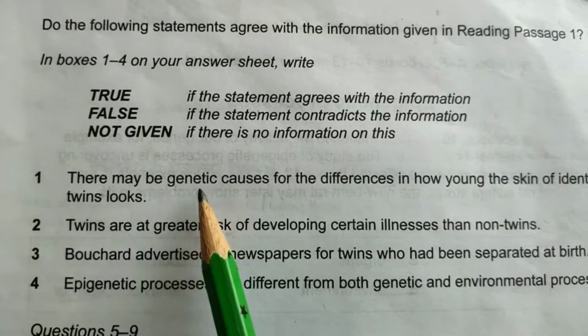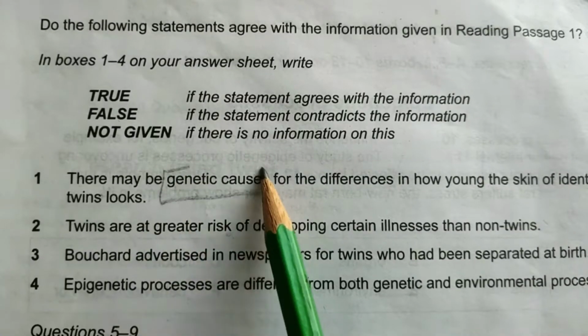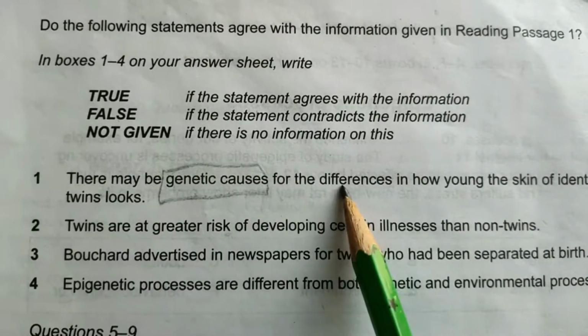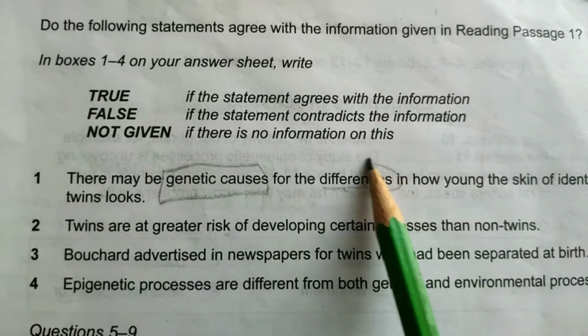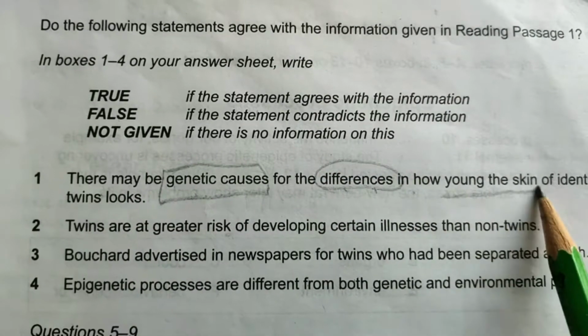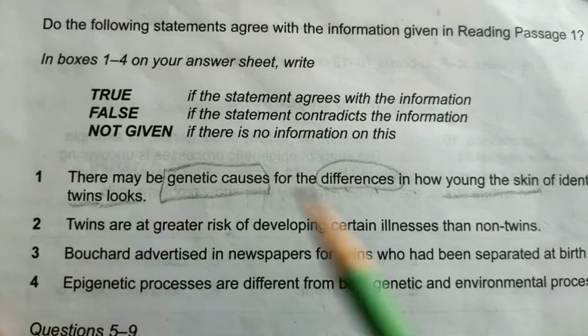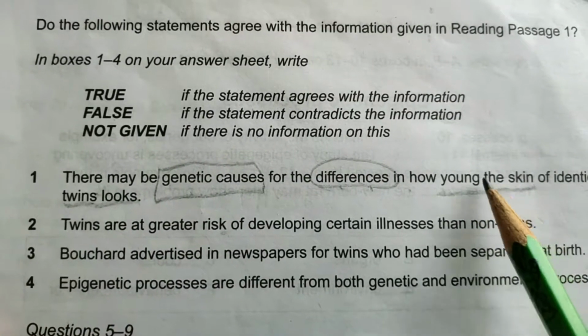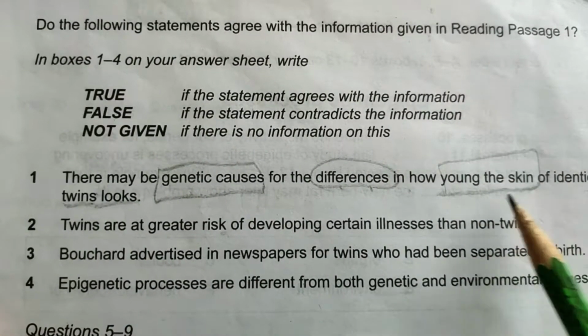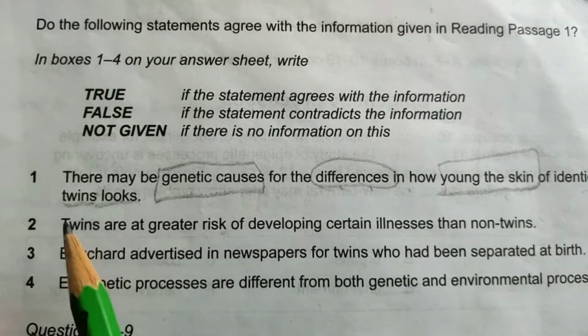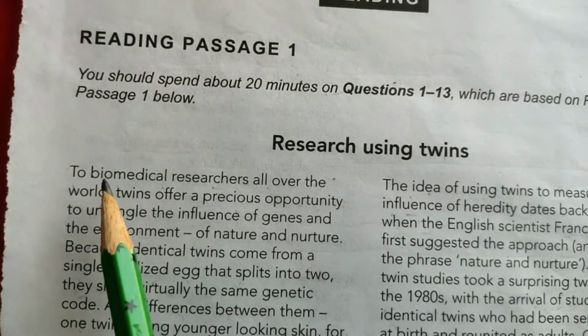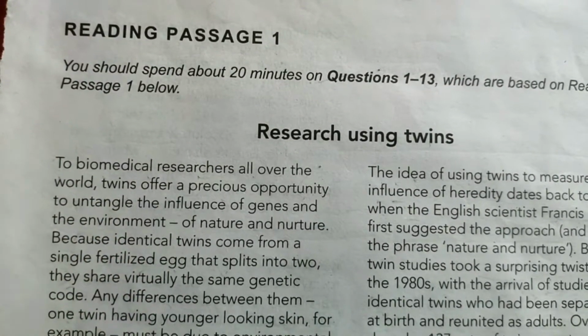There may be genetic causes, so this is the keyword, genetic causes for the differences in how young the skin of identical twins looks. So first we will look for the word young, how young the skin of identical twins looks, and genetic causes. Okay, let's read it from here.